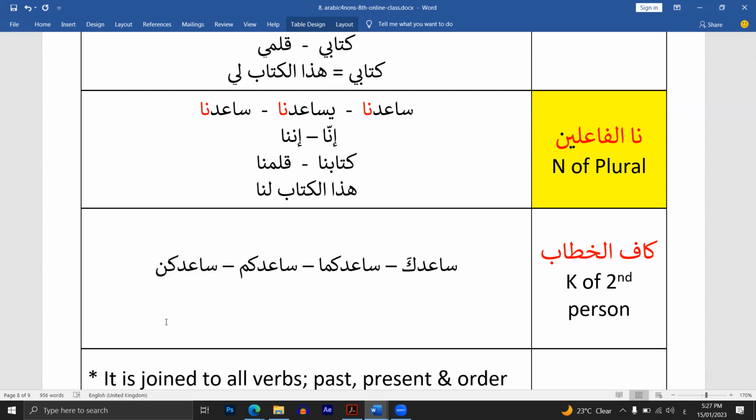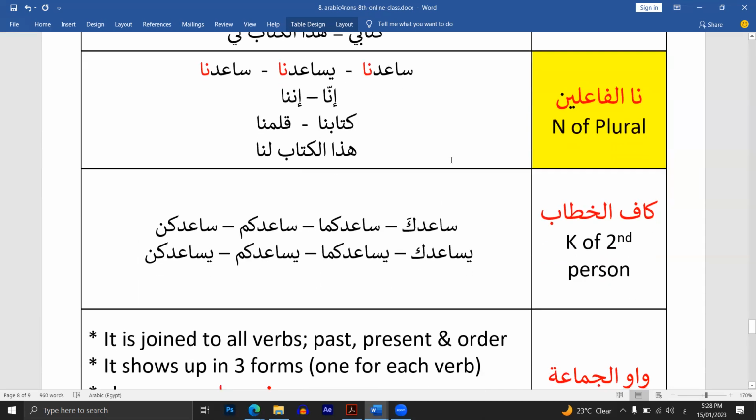And this ساعد is the past. يساعدك in the present also, يساعدكما, يساعدكم and يساعدكن. Okay. And that's all. It will only show up in the past and the present. It cannot show up in the command.